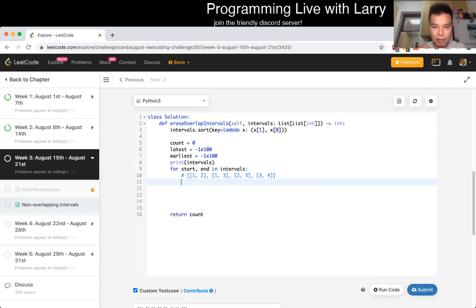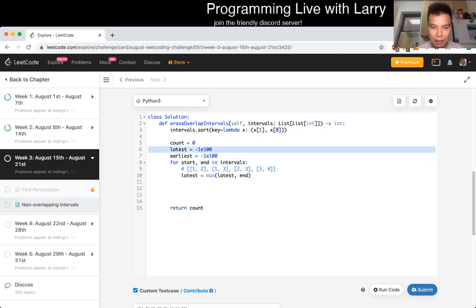So now we have 1, 2. Okay, so that's the interval that we're keeping. And then what happens when we get 1, 3? Well, we definitely want to remove 1, 3 because it can only interact with more. And then when we get to 2, 3, well, we don't have to worry anymore. So latest is equal to the max of latest and n.